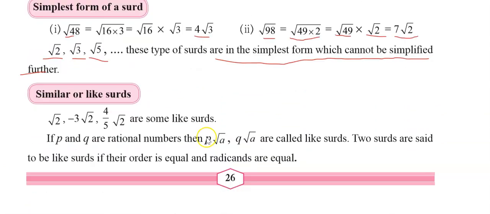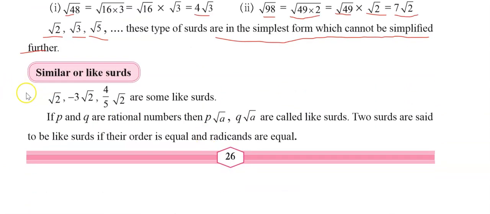Now next we'll see what are similar surds. Which surds are called similar surds or like surds? Now see this: root 2, minus 3 root 2, 4 upon 5 root 2. If you see this, these are some like surds. That is, if p and q are rational numbers, then p root a and q root a are called like surds.